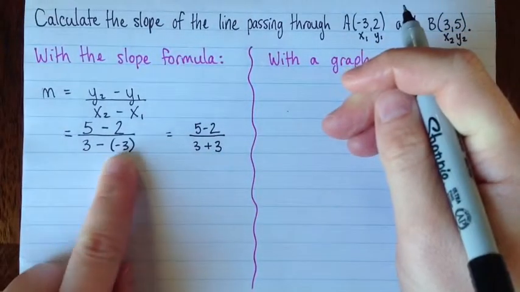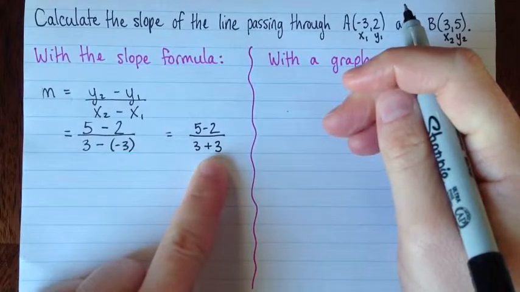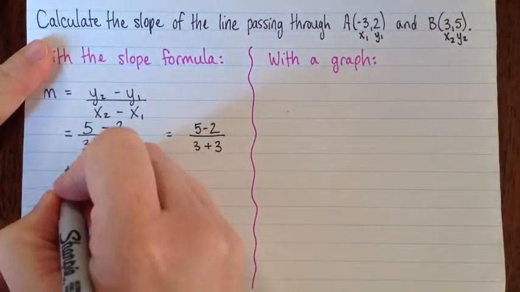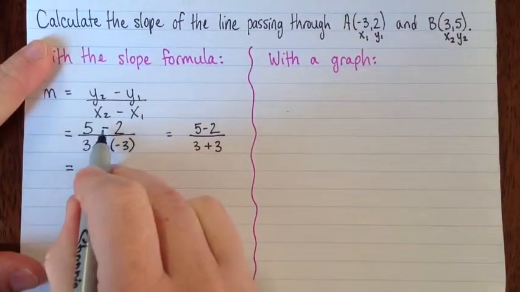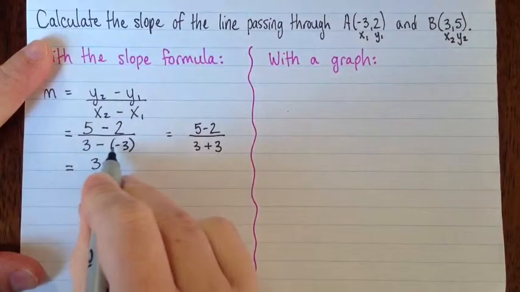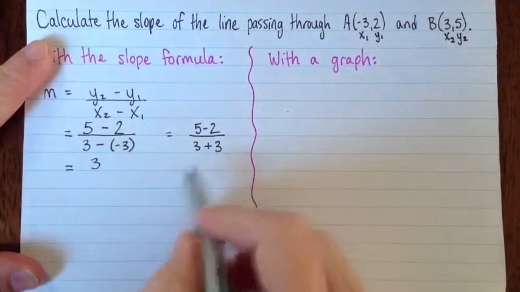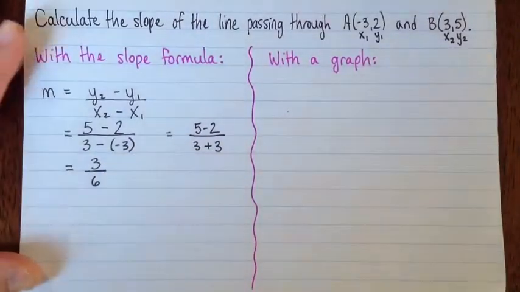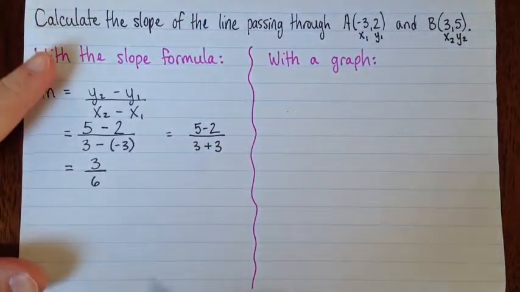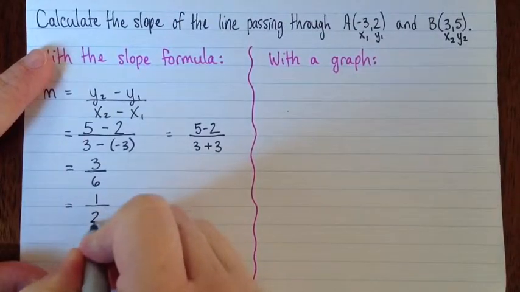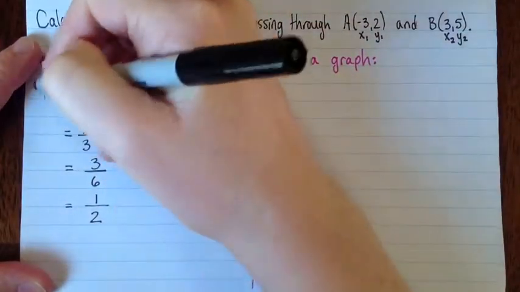So 3 subtract -3 is the same as 3 plus 3. Alright, so 5 subtract 2 is 3, and 3 subtract -3 is the same as 3 plus 3, and that's 6. So then we just simplify that. 3/6 is the same as 1/2. So the slope of that line is 1/2.